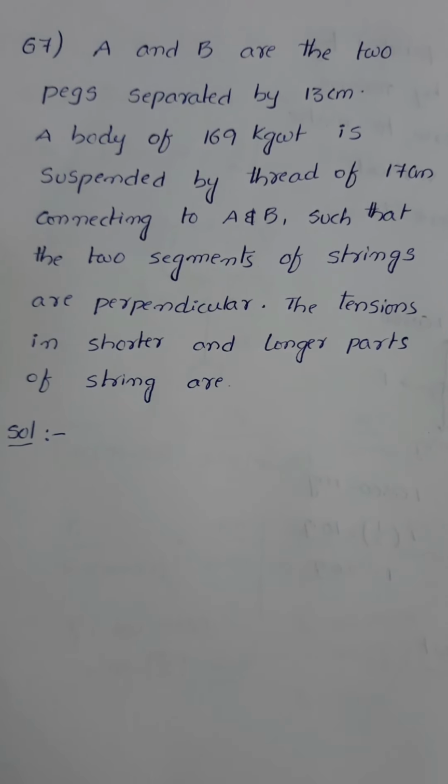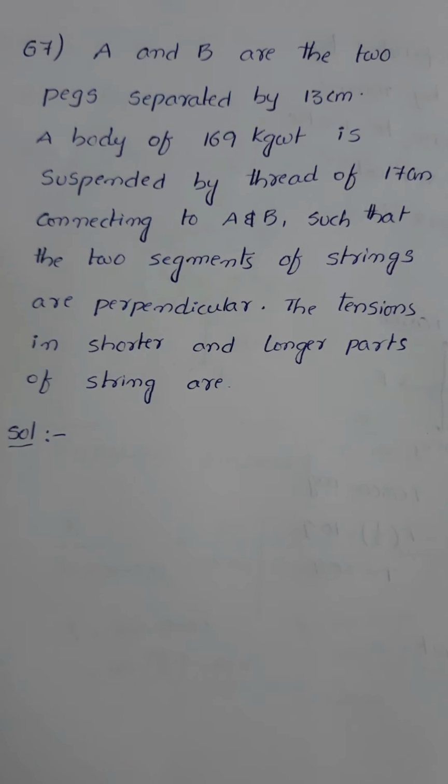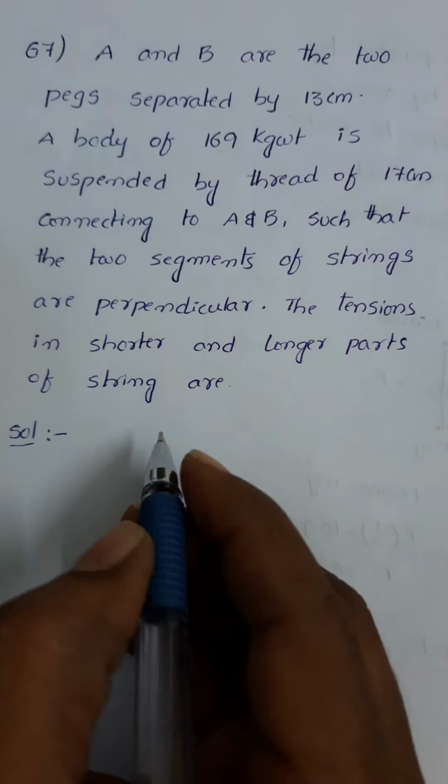Problem number 67. A and B are the two pegs separated by 13 cm. A body of 169 kg weight is suspended by a thread of 17 cm connecting A and B, such that the two segments of string are perpendicular. The tensions in the shorter and longer parts of the string are?